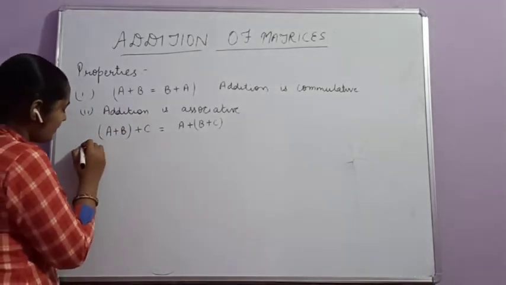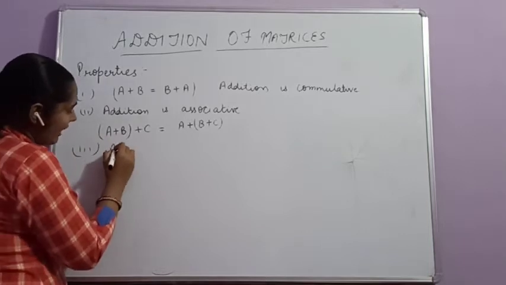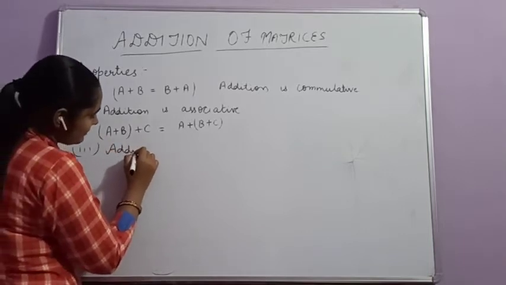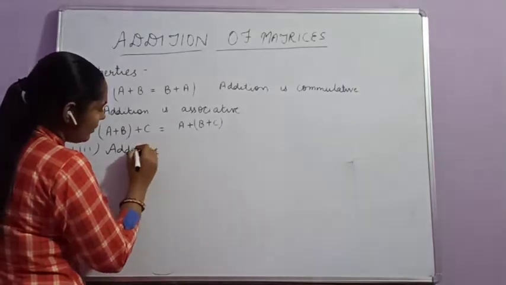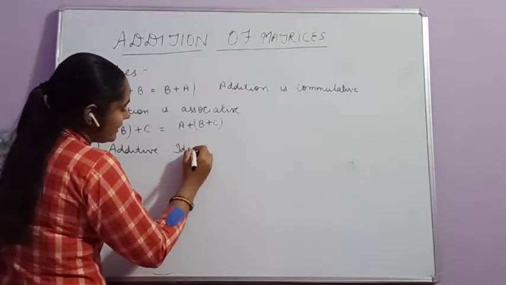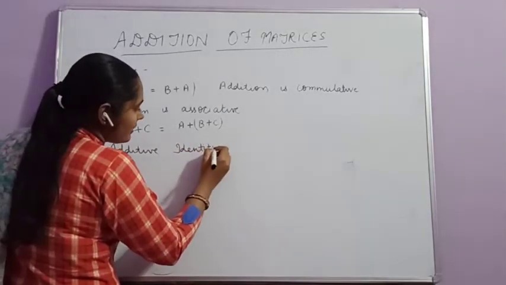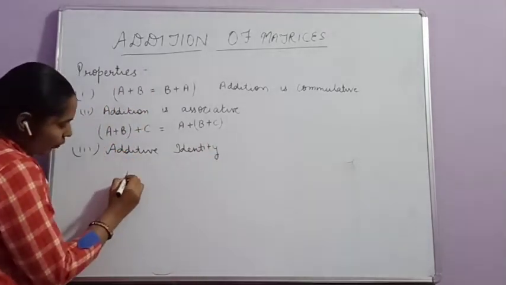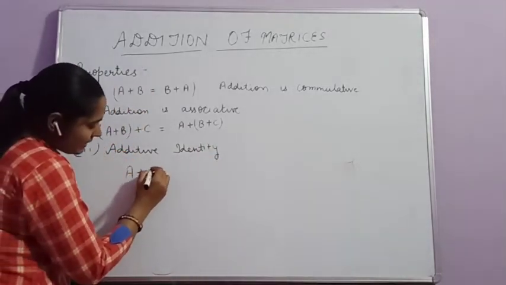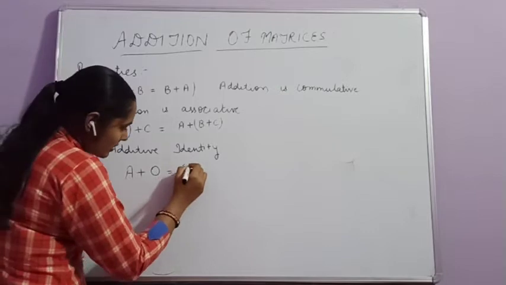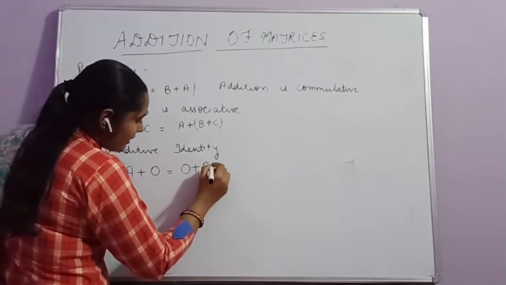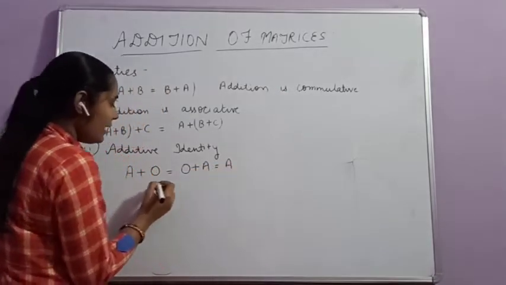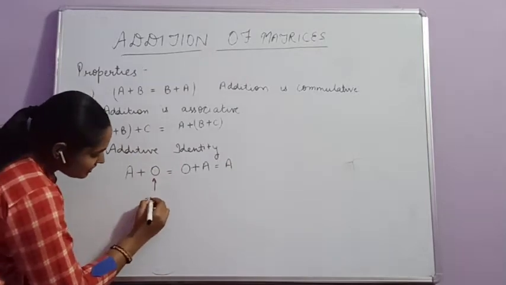Third one is additive identity. If we add the 0 matrix to A or A to the 0 matrix, then the resultant will be A. Here O represents the 0 matrix.